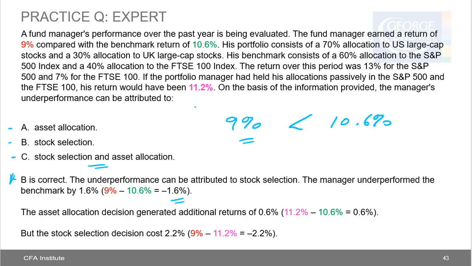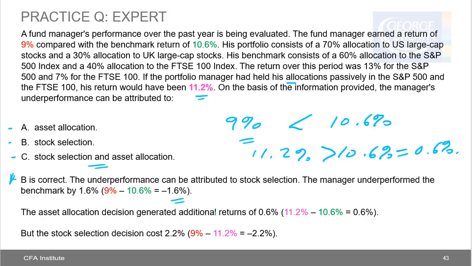Well, if we look first at the asset allocation, it says here if the portfolio manager had held his allocations passively, the return would have been 11.2%. Okay, so that was based on the asset allocation. If they just would have left it at the asset allocation and not gone further to security selection, it would have had a return of 11.2%, and that's better than the benchmark return of 10.6% by 0.6%.